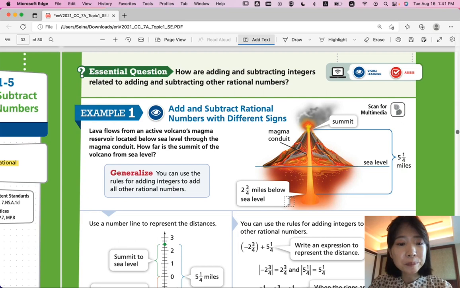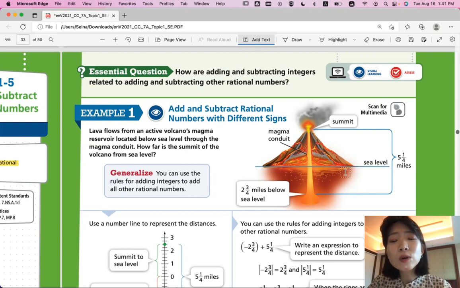And the magma reservoir represents a negative number, where it's shown 2 3/4 miles below sea level. And from here to the summit, it's 5 1/4 miles away. So how far is the summit of the volcano from sea level is what we want to know.